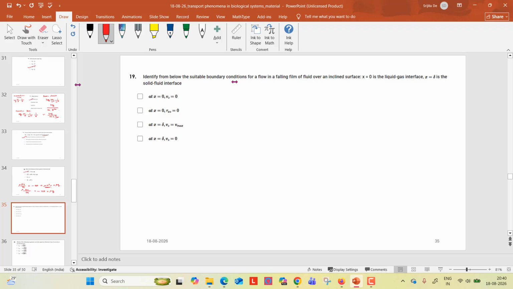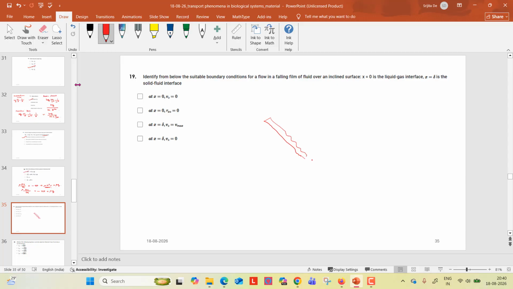Next. Identify from below the suitable boundary conditions for a flow in a falling film of fluid over an inclined surface. X equal to 0 is the liquid gas interface. So this is the falling film. Okay.